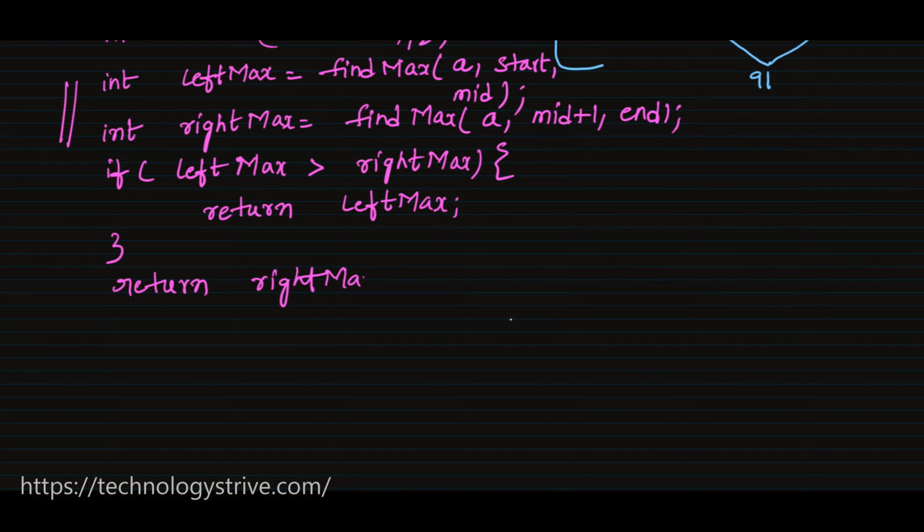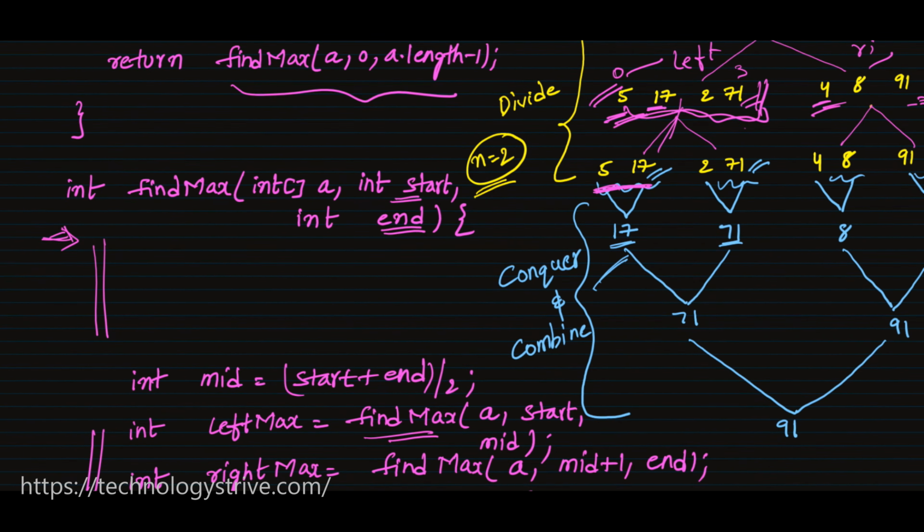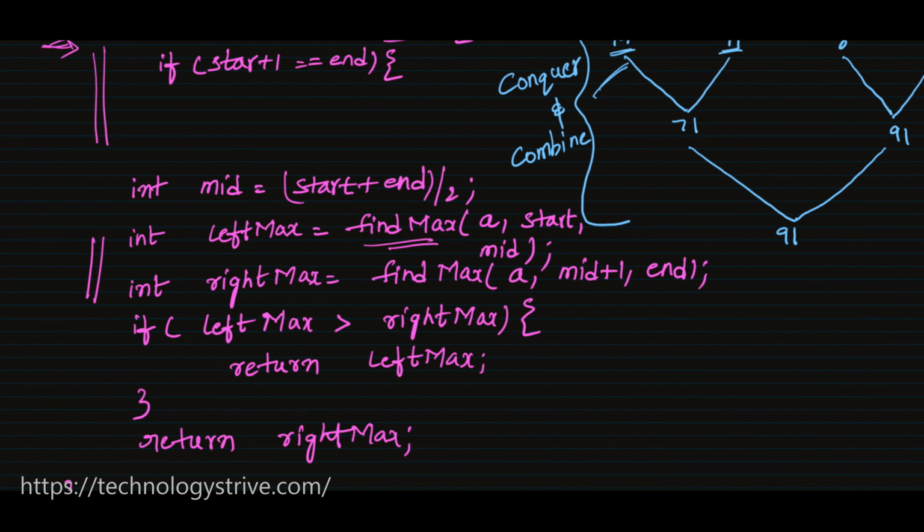So n equal to 2 is nothing but, because we are splitting the array using start and end, start plus 1 equal to end. So if start plus 1 equal to end, then we have to do the same thing.